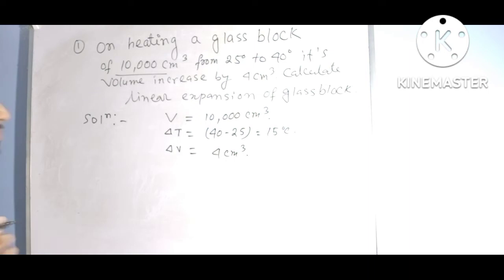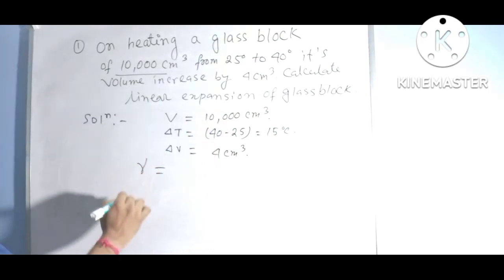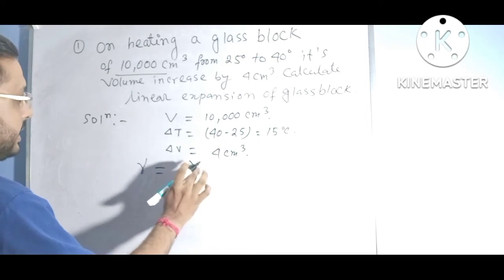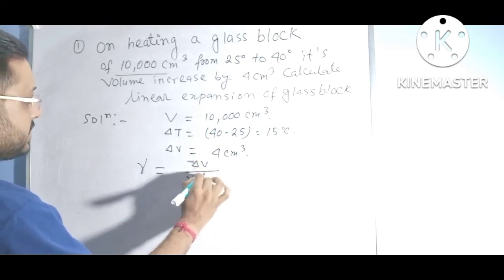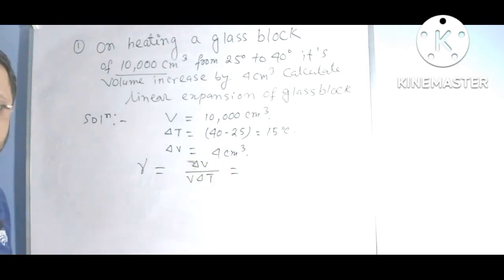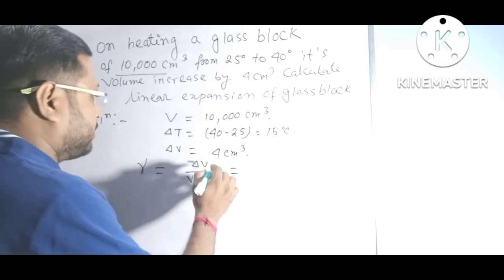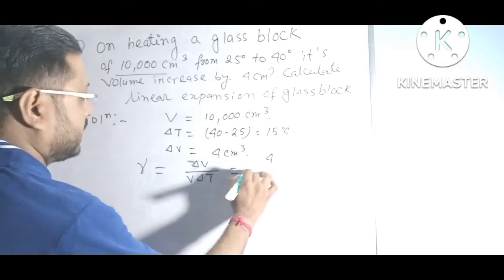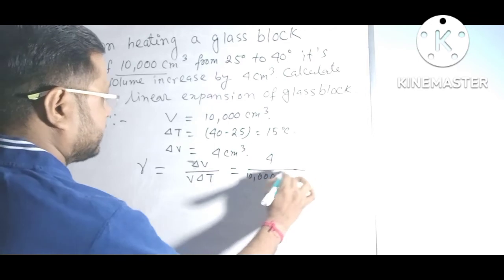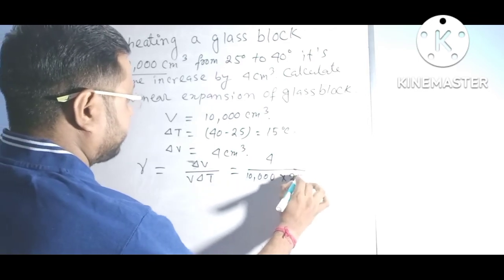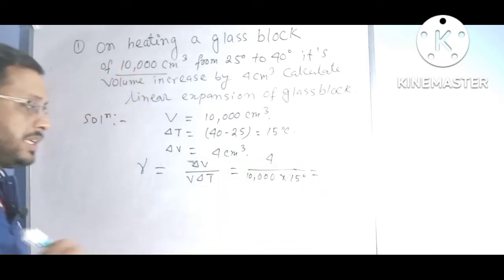So we know the value of gamma is equal to delta V, the change in volume, divided by the initial volume into the change in temperature. This is the expression of volume expansion of a solid. Put the value of delta V, that is 4, divided by the initial volume 10,000 into 15 degrees centigrade.